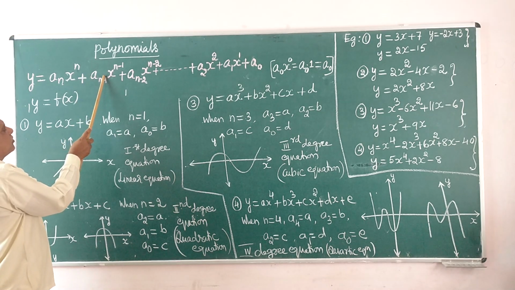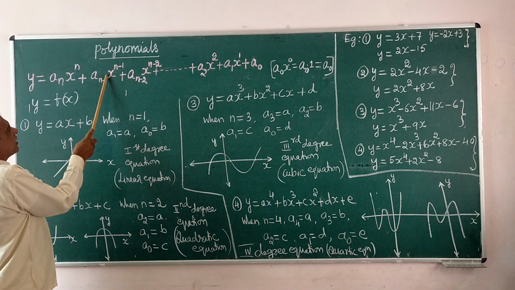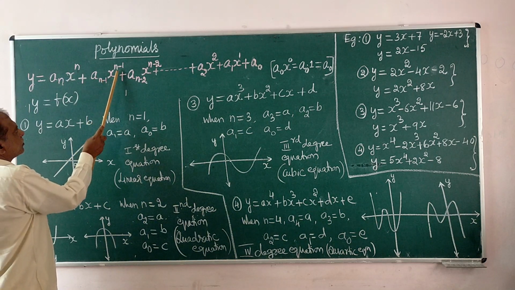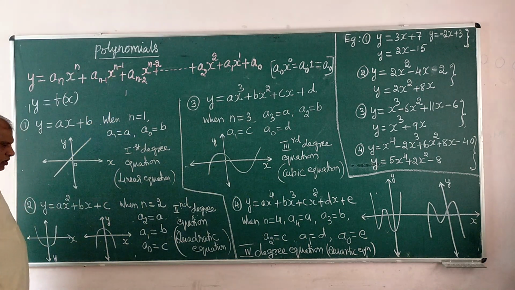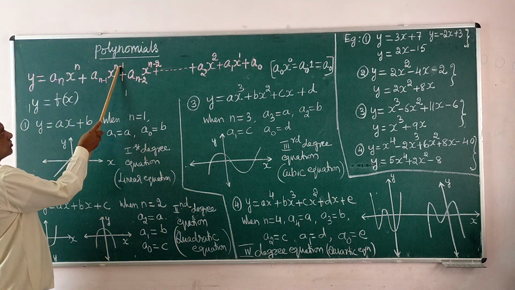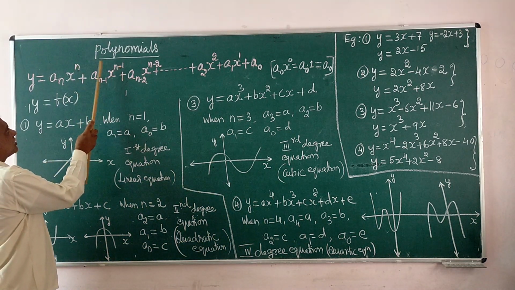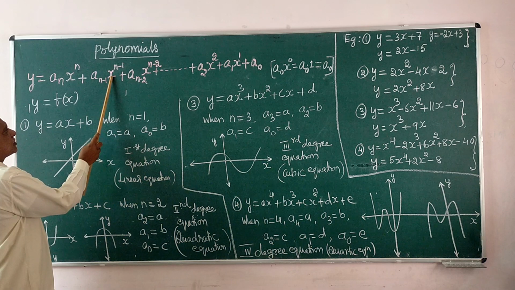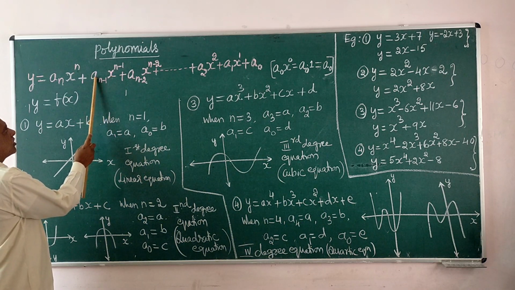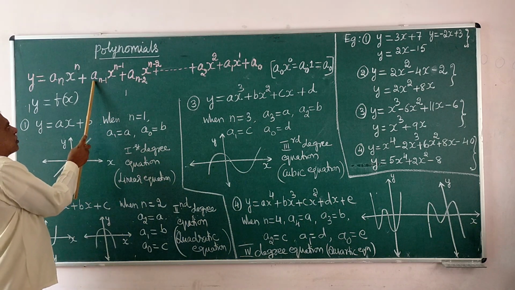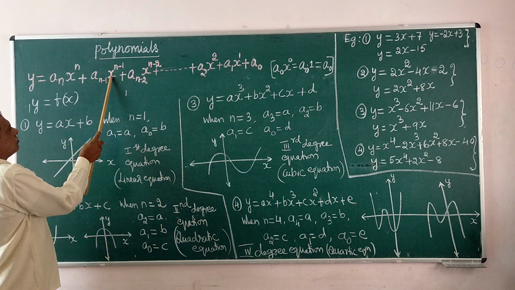Here the second term is again the product of two terms: a_(n-1) into x to the power of n-1. Here n-1 is the exponent, but this exponent is less than n. a_(n-1) is the coefficient of this variable.